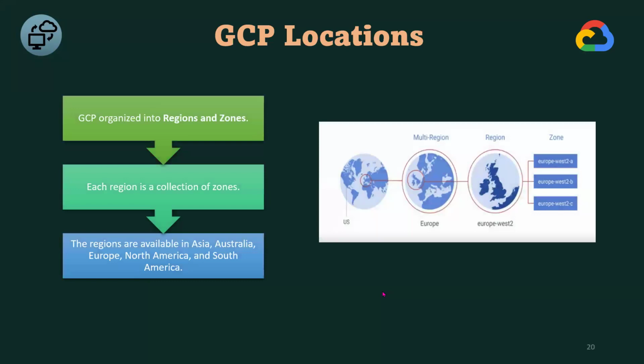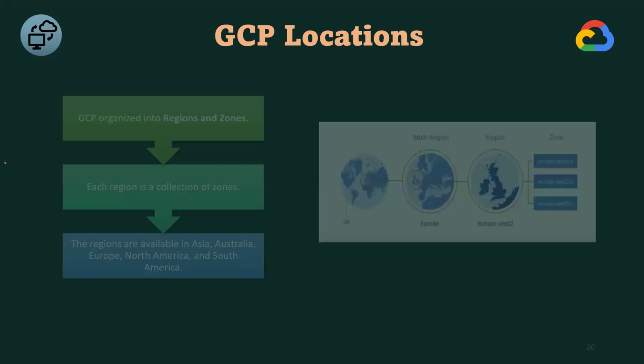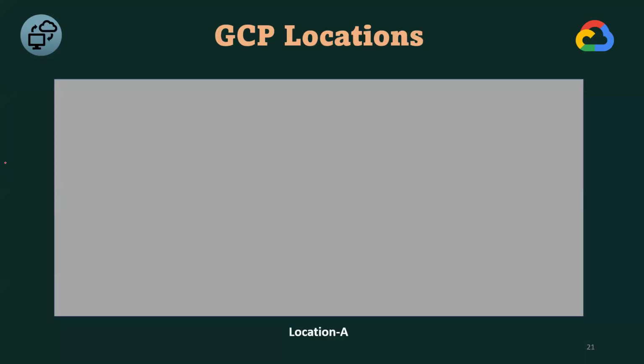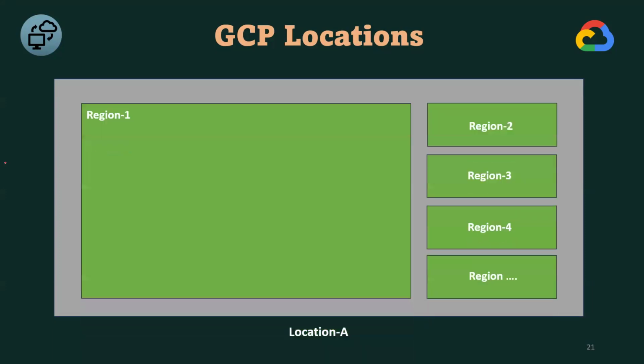In simple words, GCP is organized into regions and zones. Each region is a collection of zones. The regions are available in Asia, Australia, Europe, North America, and South America. Even if I take one location out of 5 locations, the location is divided into multiple regions.